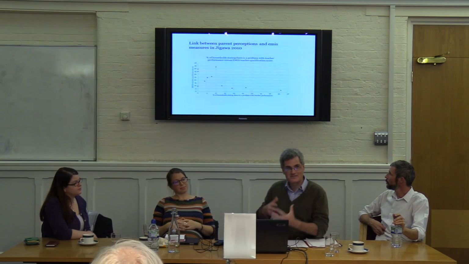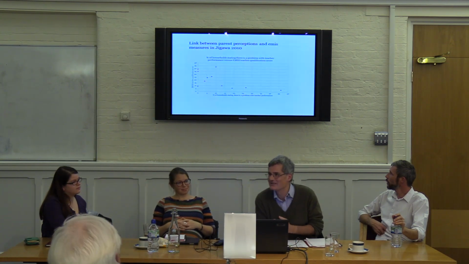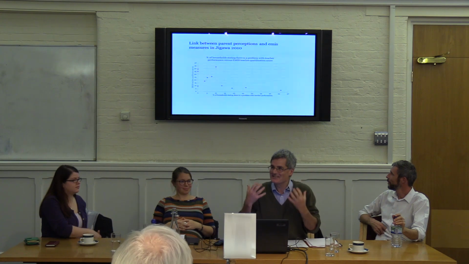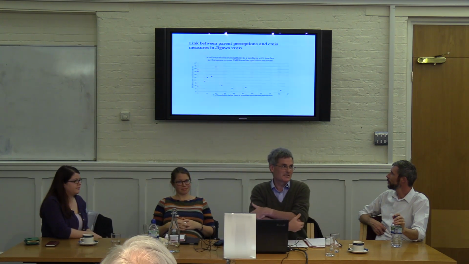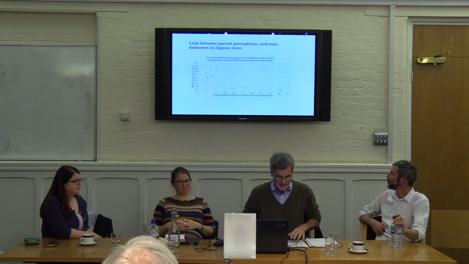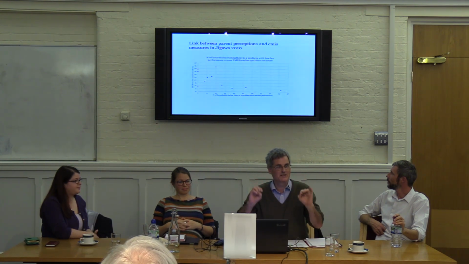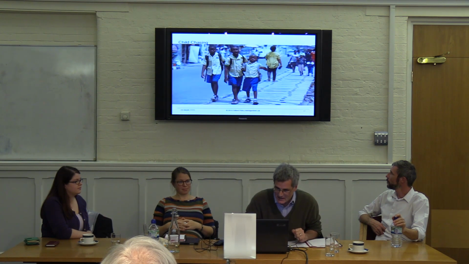And you can see there is not very much relationship at all between these things. So I'm just trying to make the point that it's quite difficult. You can't say, okay, we can't find these institutions, so we're going to go at everything through the households.